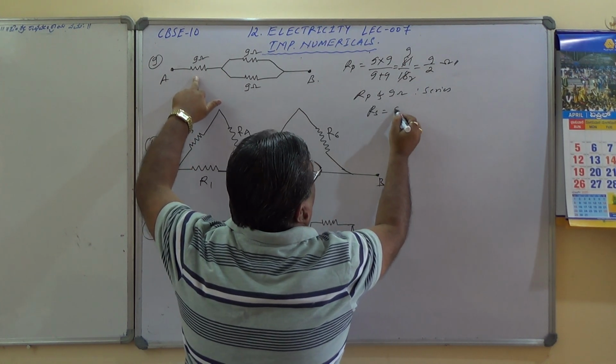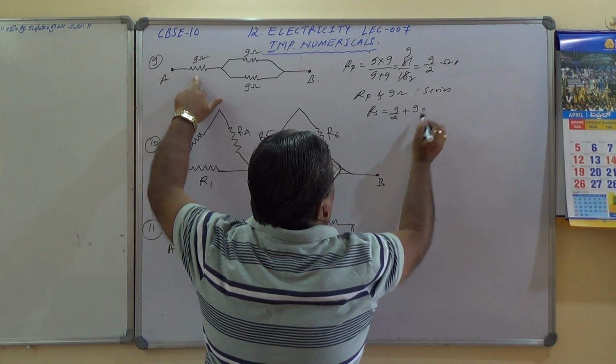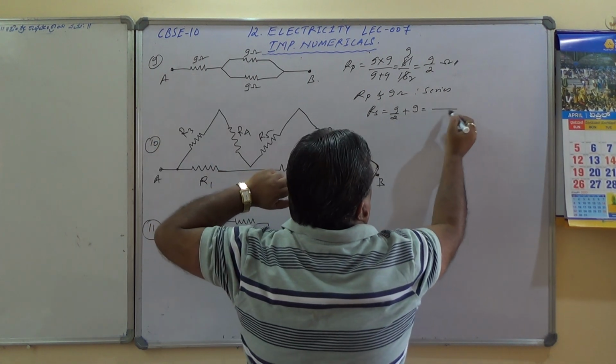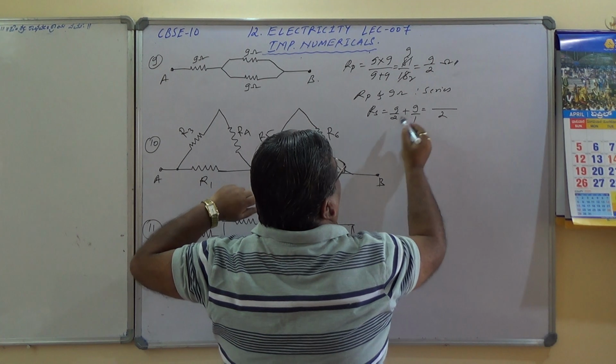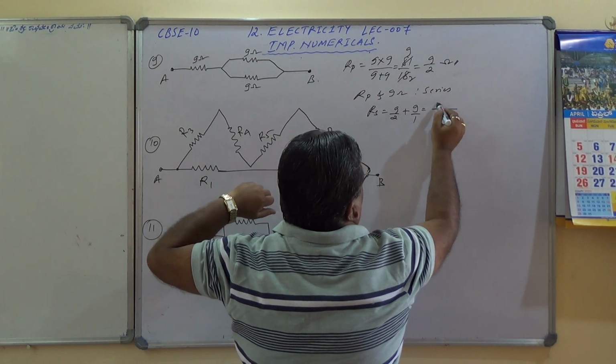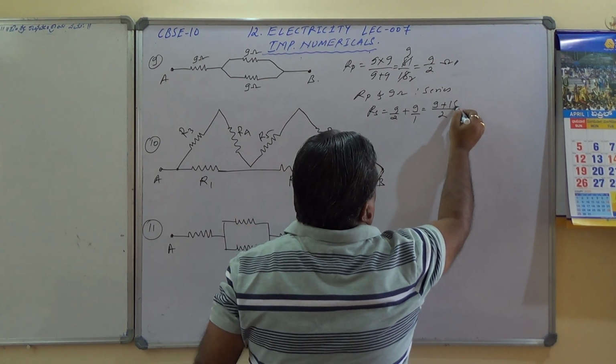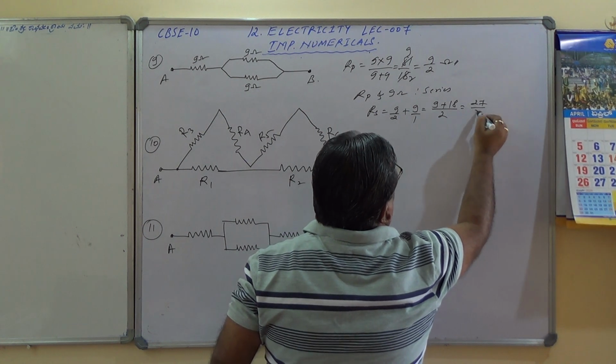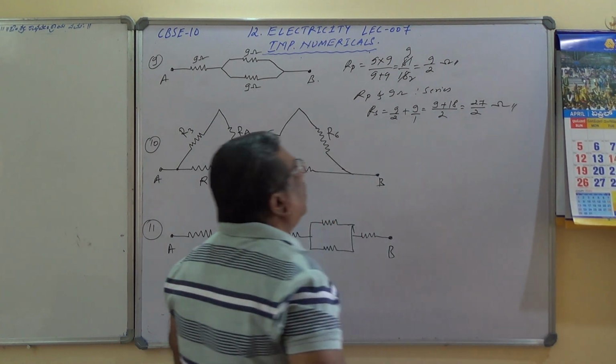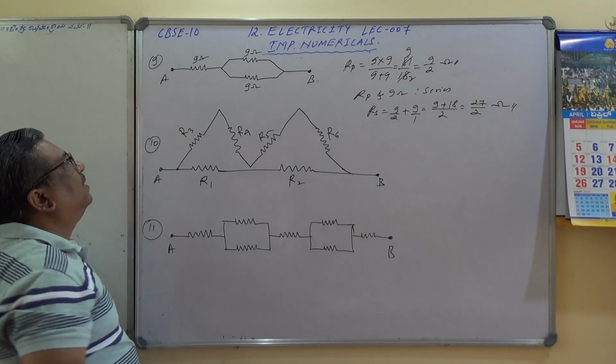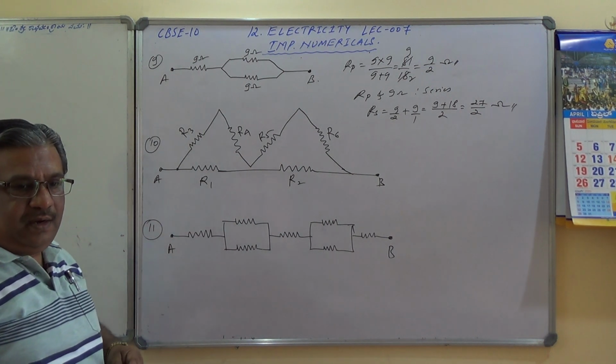So RS equals 9 by 2 plus 9, which equals 9 plus 18, 27 by 2 ohms. That is the equivalent resistance of the circuit, 27 by 2 ohms.